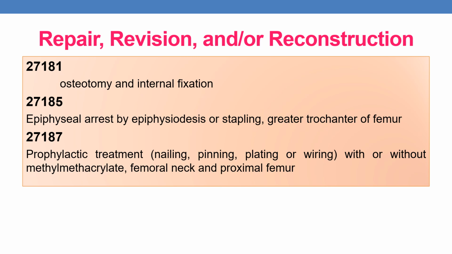The next is 27185. It deals with epiphyseal arrest by epiphysiodesis or stapling greater trochanter of femur. The next is 27187. It deals with prophylactic treatment. For example, nailing, pinning, plating or wiring with or without methyl methacrylate, femoral neck and proximal femur.